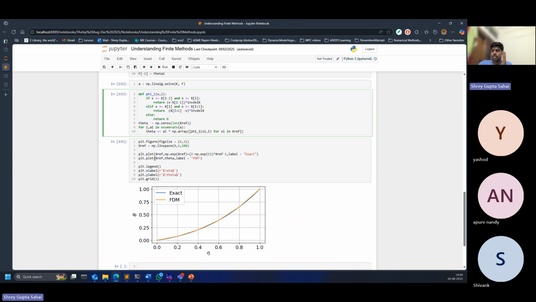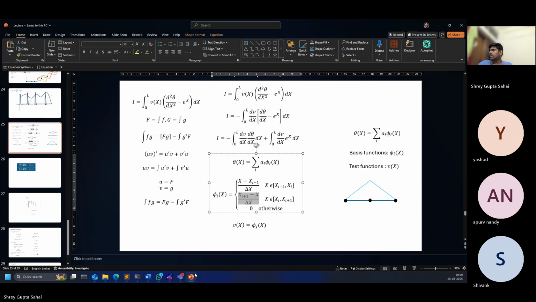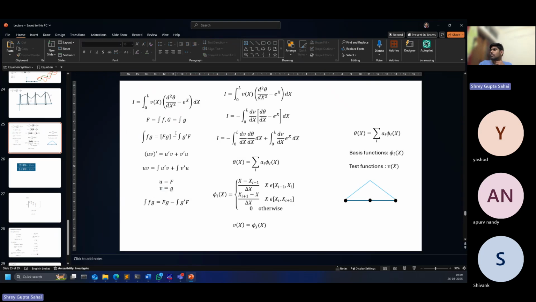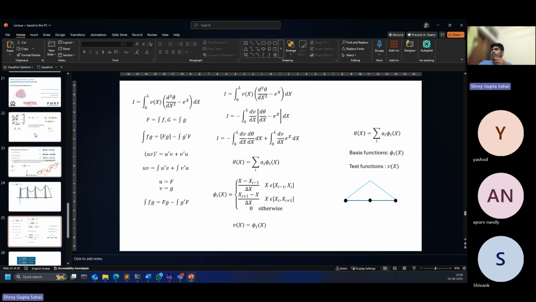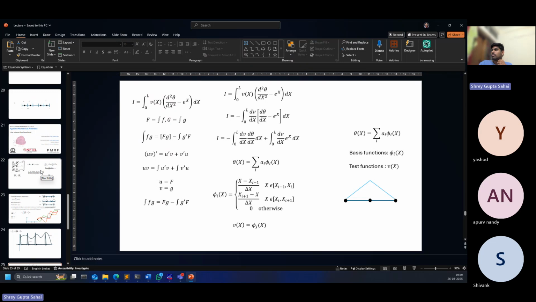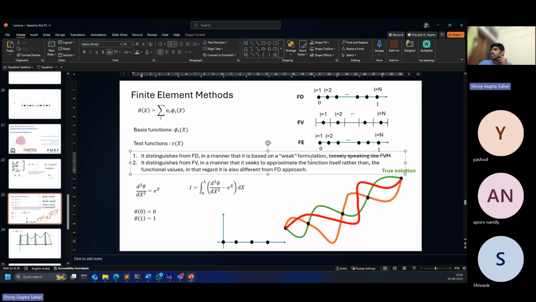We put the last nail in the coffin, finish it up. No issues there. But I think this much is enough for the idea of finite element. And I guess you were able to appreciate the difference between the three methods at this point of time. If you have any questions, we can discuss that.